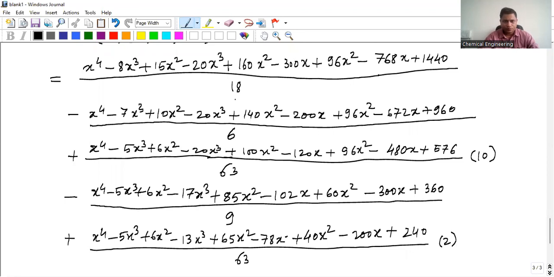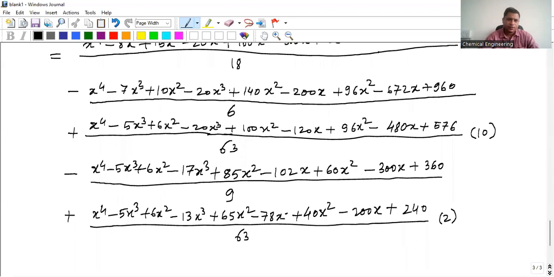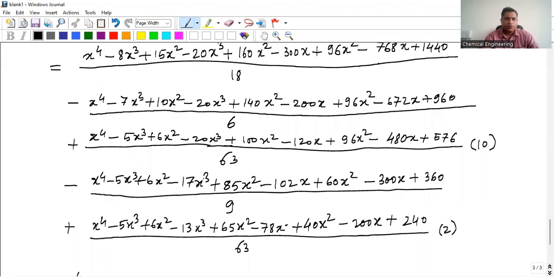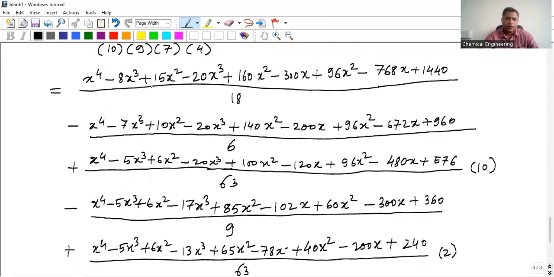Is that okay? So let us sort this. We can have p of x is equal to x raised to 4, first term. What you will be having is minus 28x cube. Are you getting this? Yes, sir.